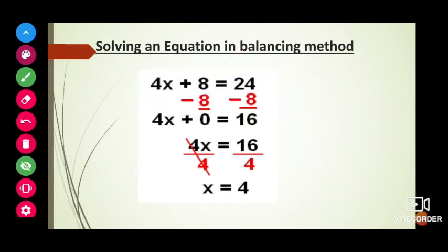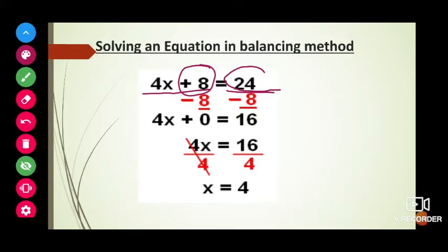First, we have 4x plus 8 equals 24. This side is no problem. On this side, extra constants are there with the x. I don't want that. I want only x equals some constant. In 4x plus 8, two terms are there. 4x is the x term, just keep it like that, and the extra term is plus 8.